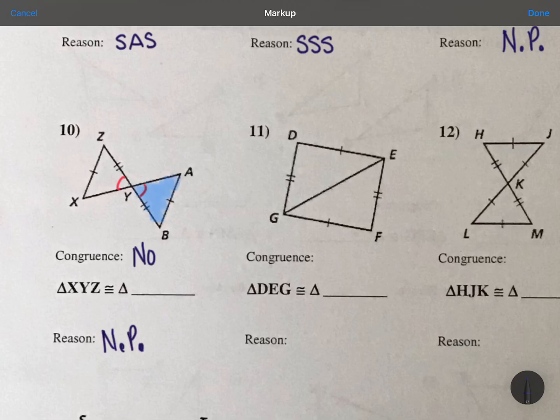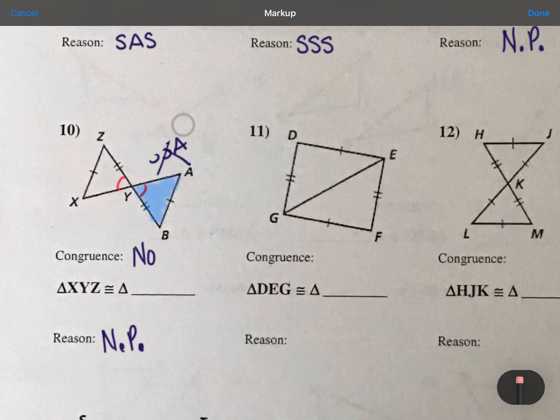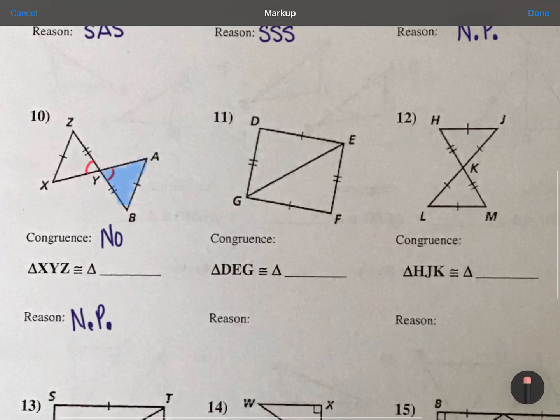I have a non-included angle, so that's that bad word again. We have a side, side, and a non-included angle. That's not one of the 5 ways to show triangles are congruent. So we're not going to put that on our paper. And notice anything that says no for the congruence and not possible to prove that they're congruent, we're not writing a congruent statement because they're not congruent.